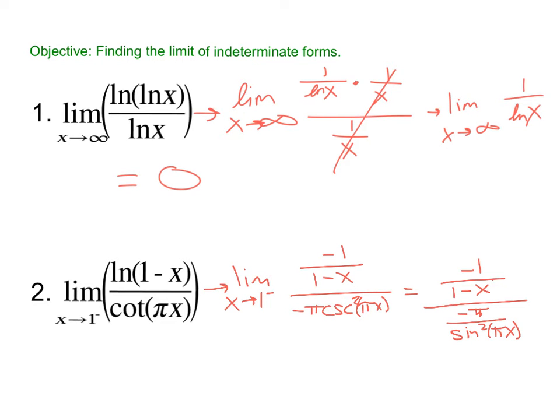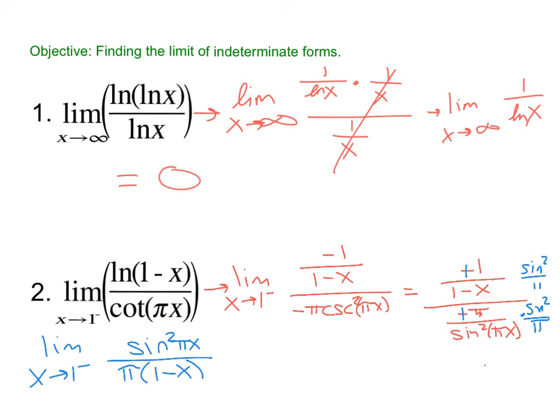Okay, so what happens here, the negatives, so when we simplify this, this becomes the limit as x approaches 1 from the left of sine squared of pi x all over pi times 1 minus x. So I multiplied by the reciprocal, right? So we get that. So now when I try to plug in 1, I get 0 over 0 again.